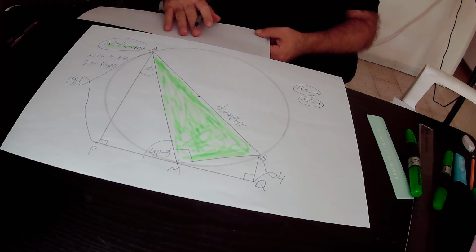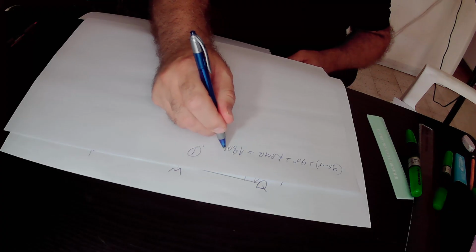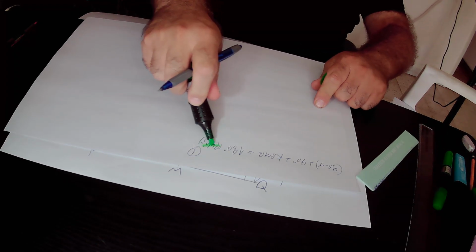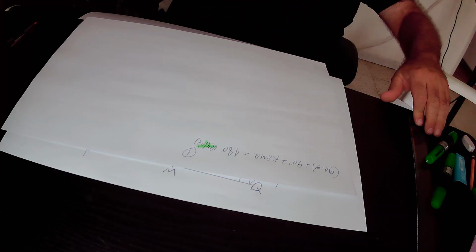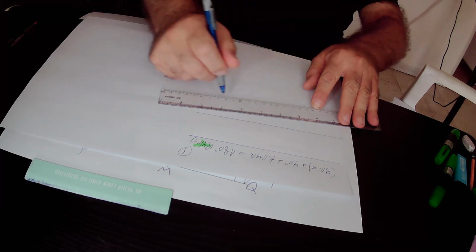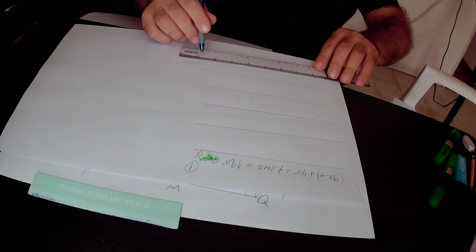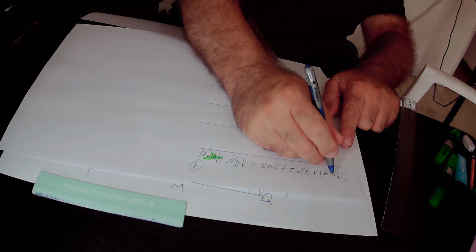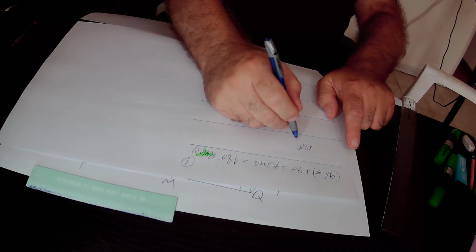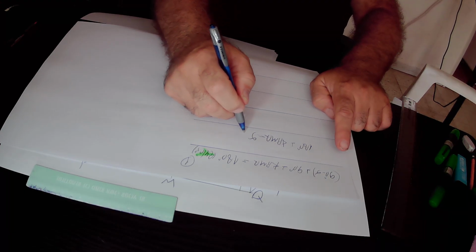In total, the sum of those three angles must be equal to 180 degrees. 90 degrees plus 90 degrees is 180 degrees, plus the missing angle BMQ, minus alpha is equal to 180 degrees.